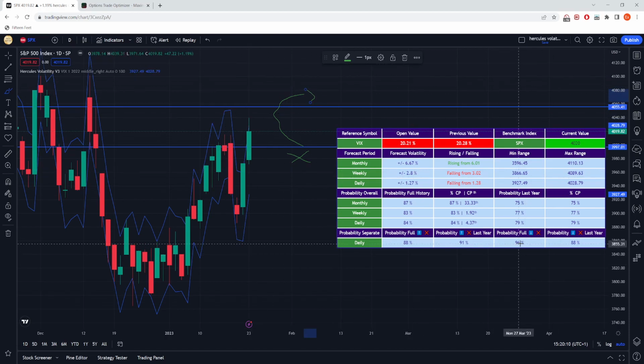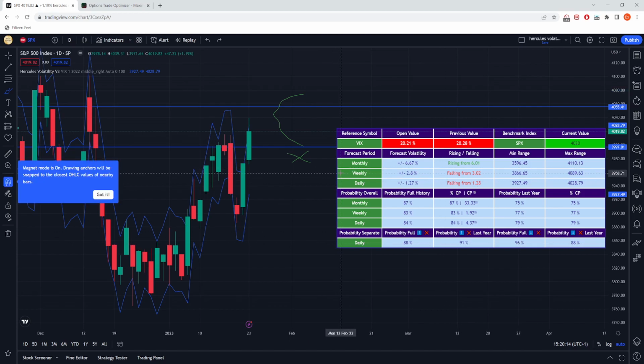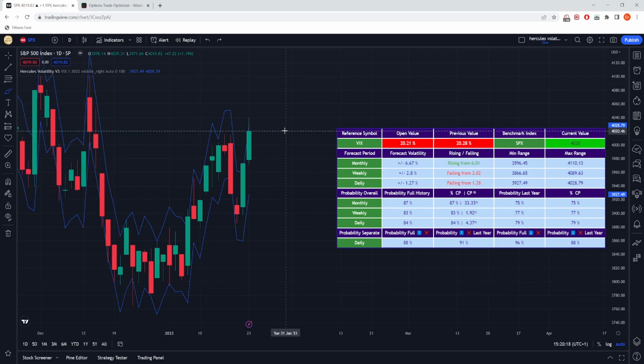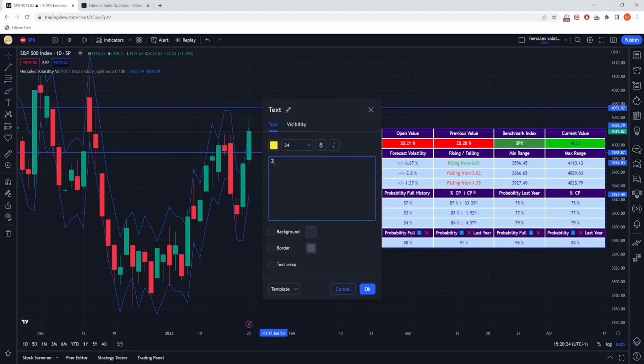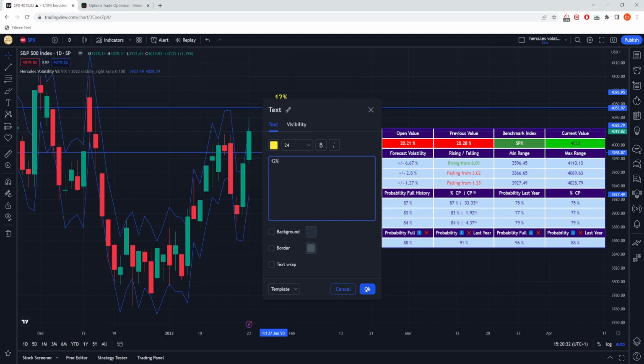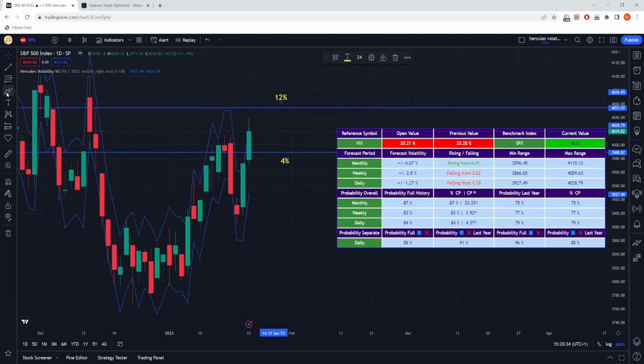It's coming from this one, because this one is telling me that from the current point, let's say, for example, this is our current point and this is our top and this is our bottom. This is telling me that I would have a 4% chance, or I would have a 12% chance, that the market is going to go either in this direction or in this direction.